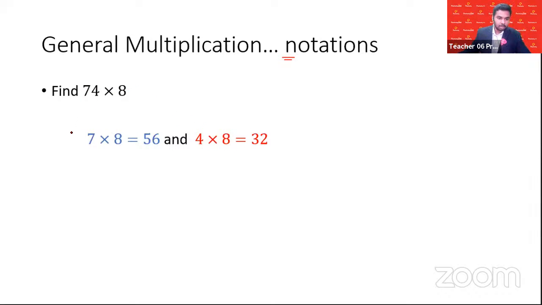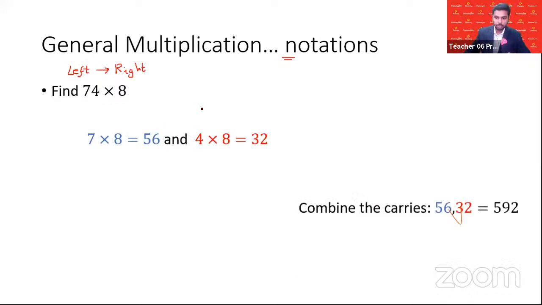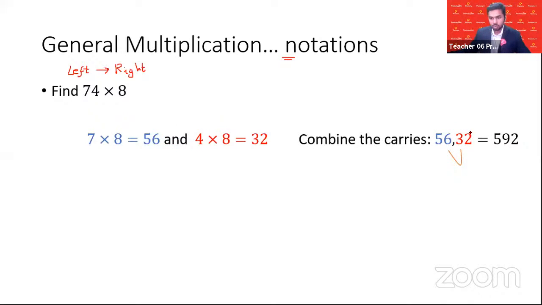Now in the Vedic mathematics, we always prefer to go from left to right. What is the leftmost digit in 74? It is 7. That is why we did 7 times 8 first. The rightmost digit is 4, which is 4 times 8, 32. Now the notation that I want to bring is this comma. So you represent these numbers 56 and 32 separated by this comma.